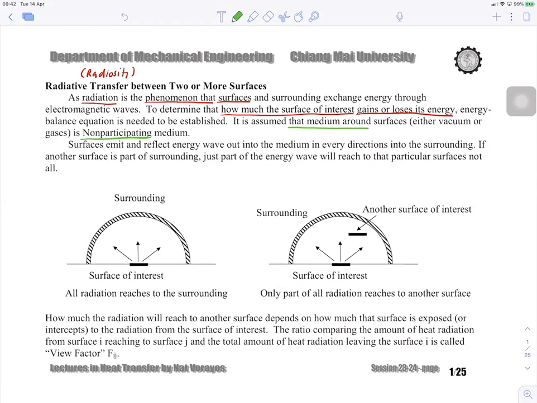Okay? A surface can emit or reflect energy out in terms of radiosity.